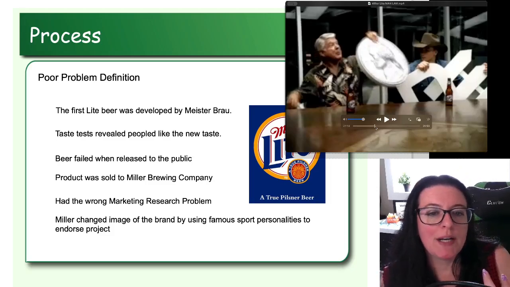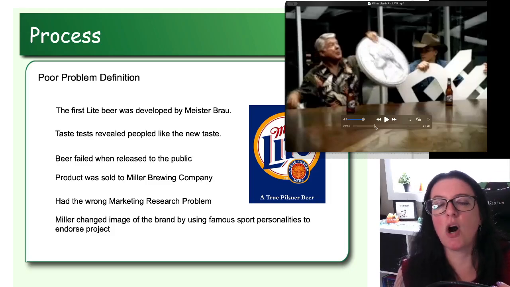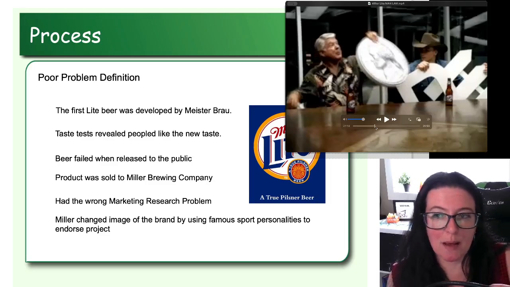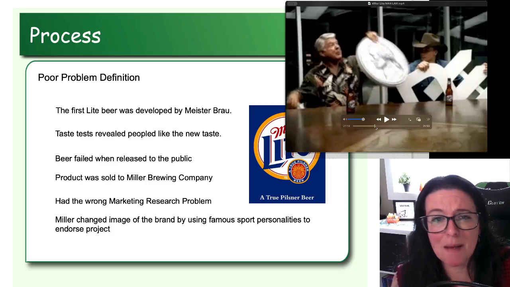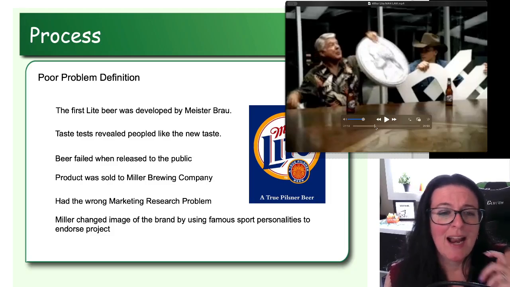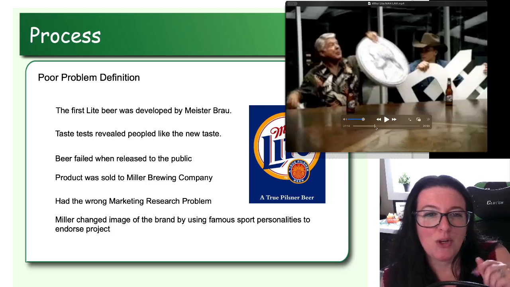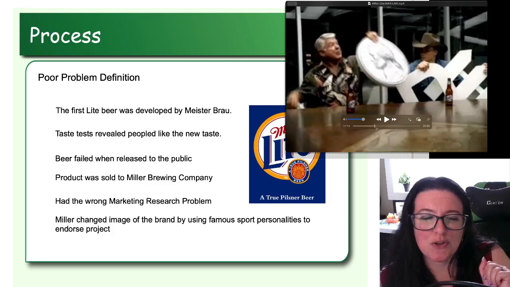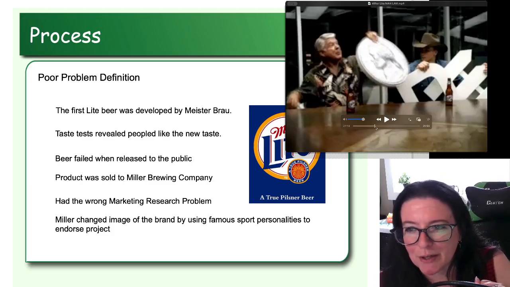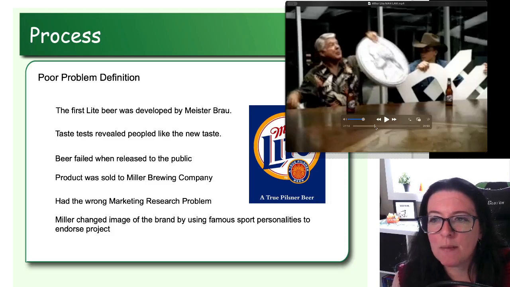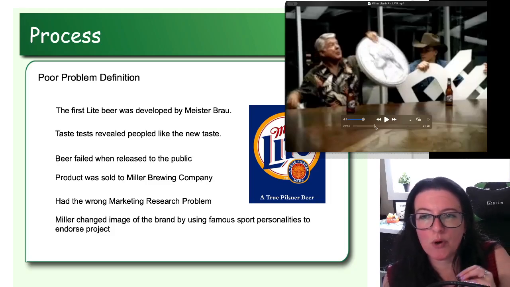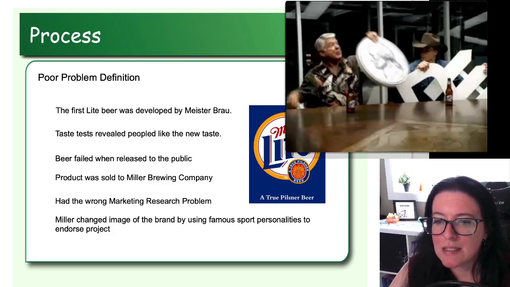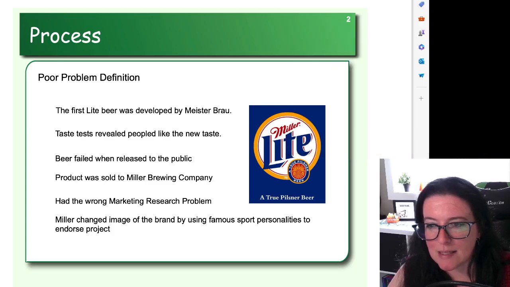And so by putting the light beer in the same context as all these manly things, we're creating the perception that it is cool, acceptable, celebrities do it, and for that reason, you should too, that you also can look cool drinking light beer. So Miller changed the image of the brand, focusing on those sports personalities and famous people endorsing the product. And since then, light beer has been a success.